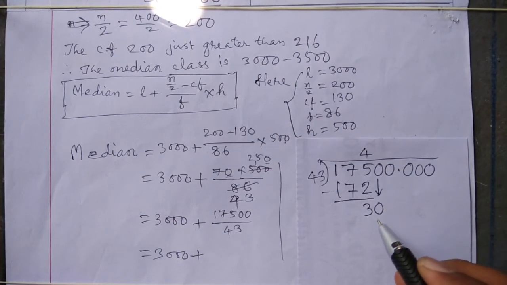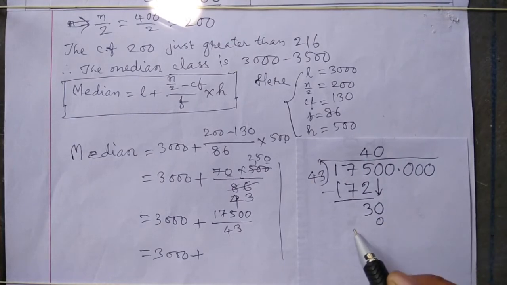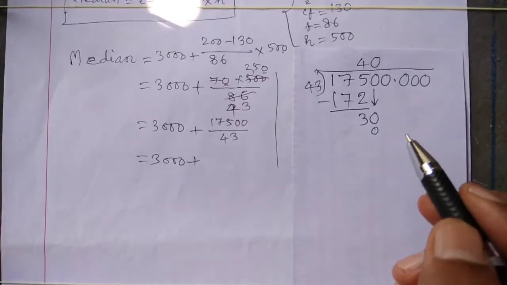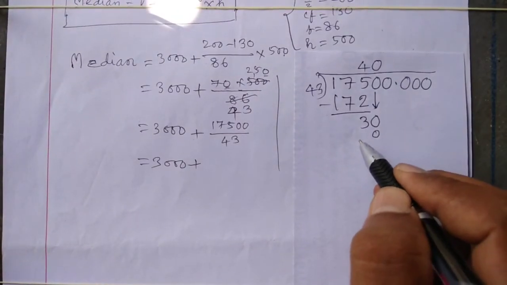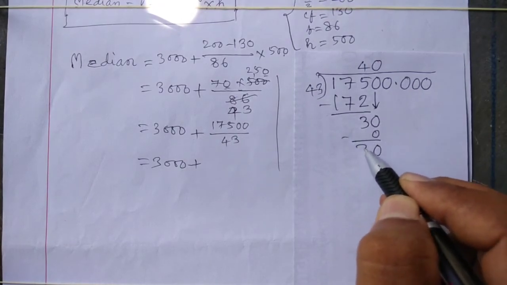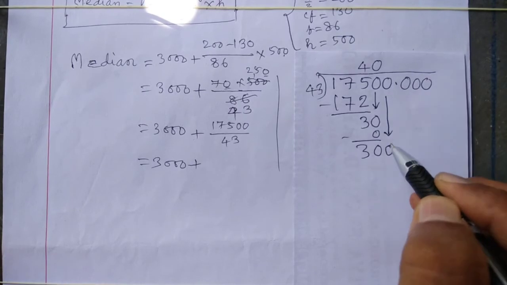Next, 43 zeros are 0, bring down this 0.